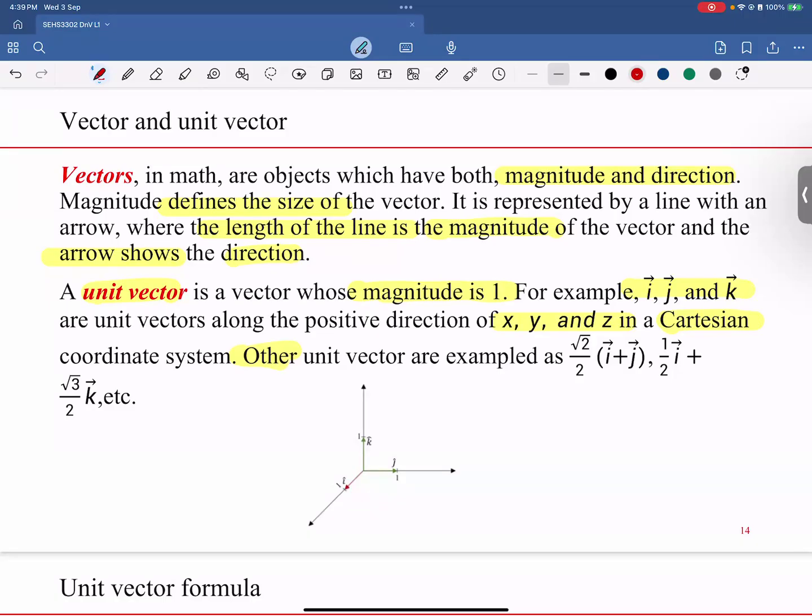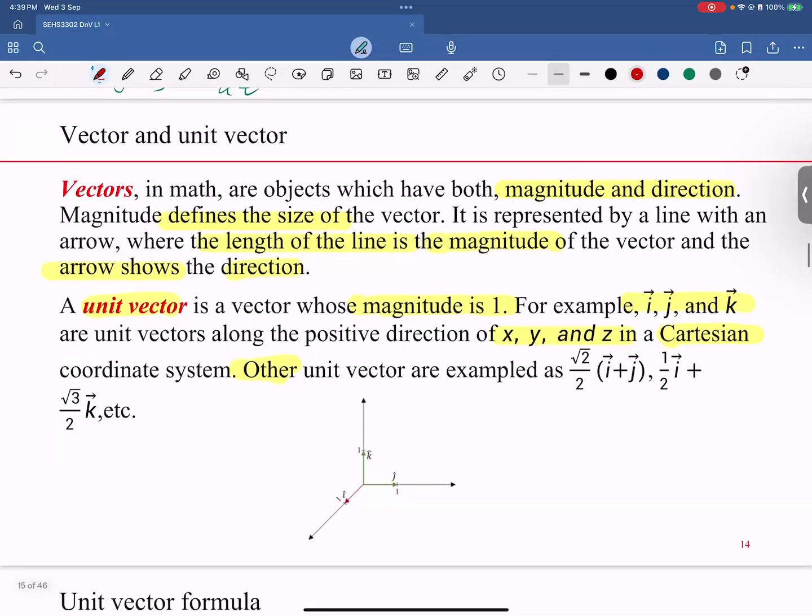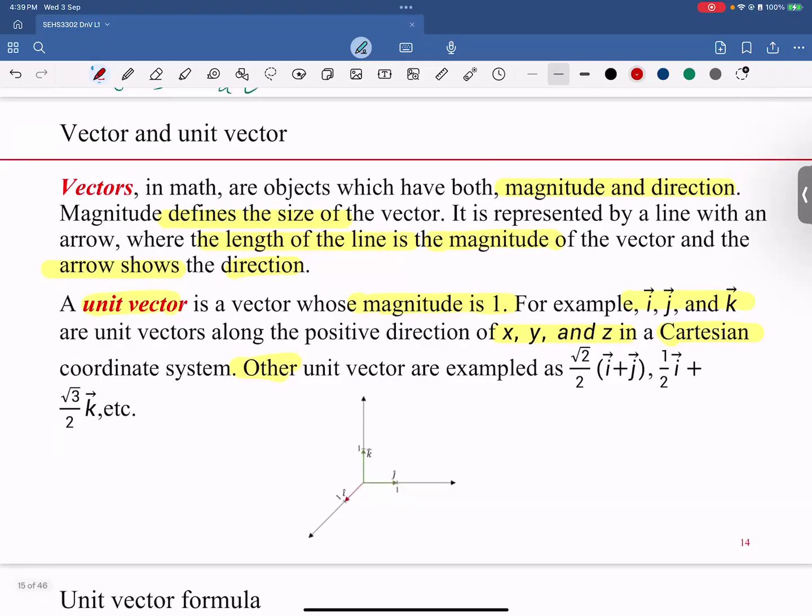So what's the unit vector? Unit vector is a vector. Sometimes when we read mathematics, you just read it out and maybe you get lost, right?